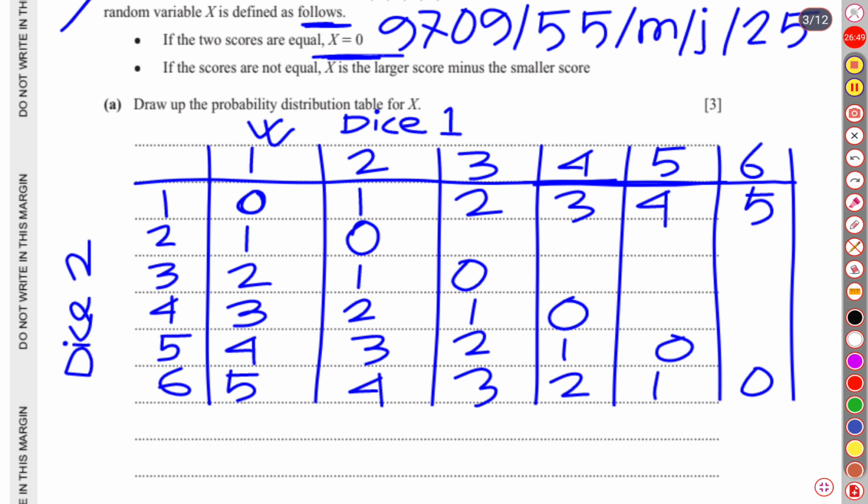Well, then 2 minus 2 is 0. But 2 minus 3 is 1. Then 2, 3 as well as 4. Then it is 1, 2, 3. This is 1, 2, and that 2 should be over here.